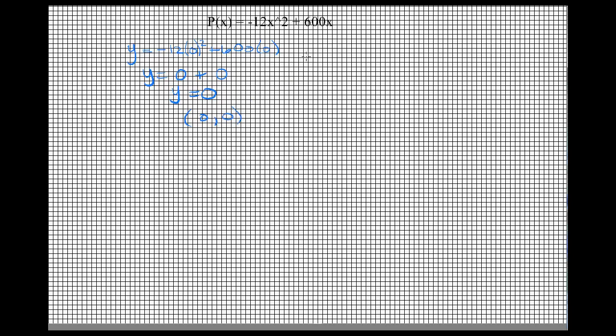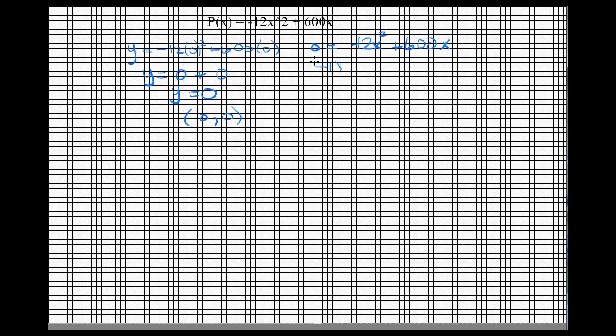Now let's find our x-intercepts. To find our x-intercepts, we need to substitute 0 for y and then solve for x. At this point, let's multiply our whole equation, both sides, by minus 1 so we can have this first term be positive.